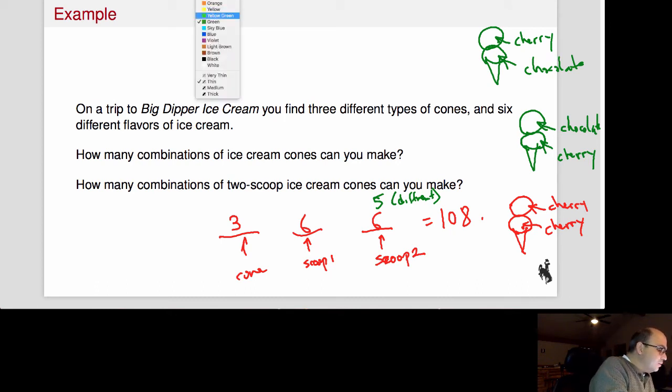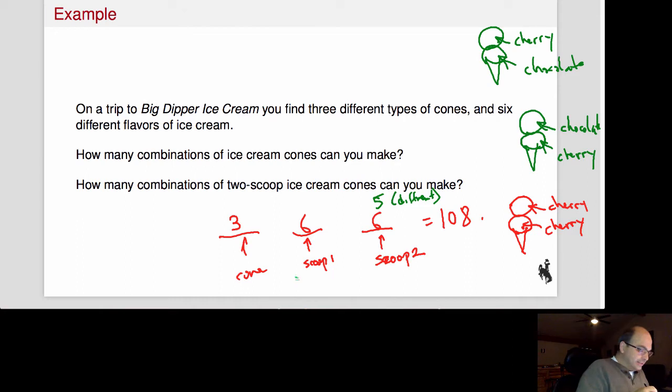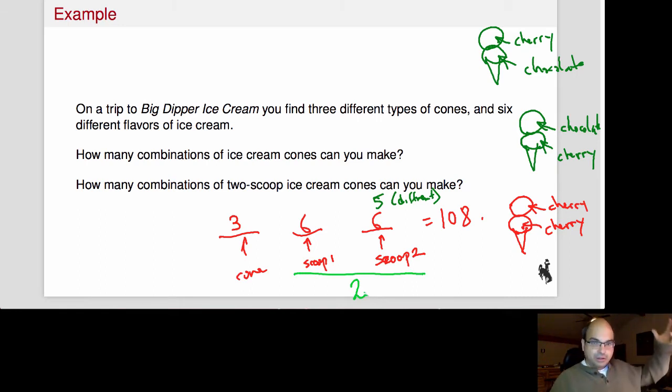So what I'll have to do is divide this by 2, because there's 2 ways to put cherry and chocolate. The cherry can go on top or on the bottom. So 2 different ways. And they're both the same, so I'll have to divide by that. Now, again, I have to be super careful because if cherry and cherry is actually okay, then I can't divide by that because I can't tell them apart. Cherry and cherry or cherry and cherry.